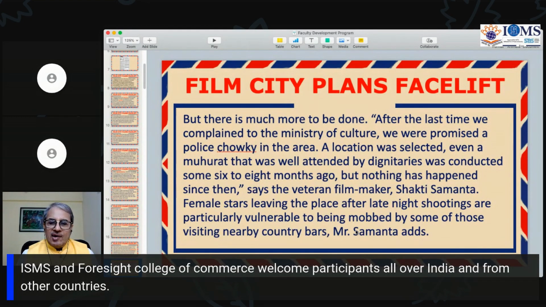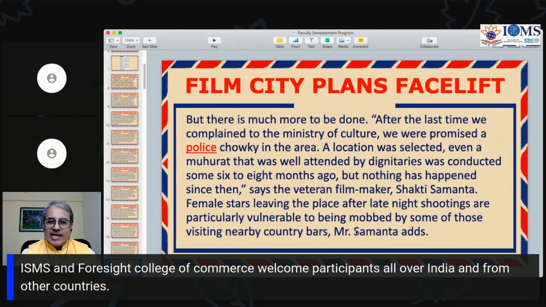Female stars leaving the place after late night shootings are particularly vulnerable to being mobbed by some of those visiting nearby country bars, Mr. Samanta adds. The key word is police chowki.